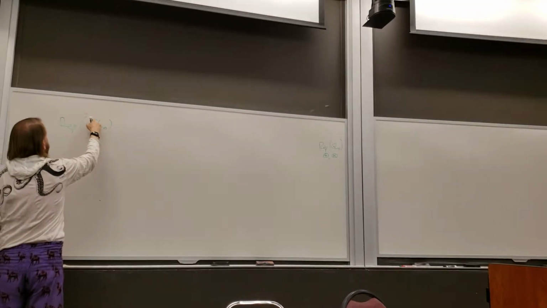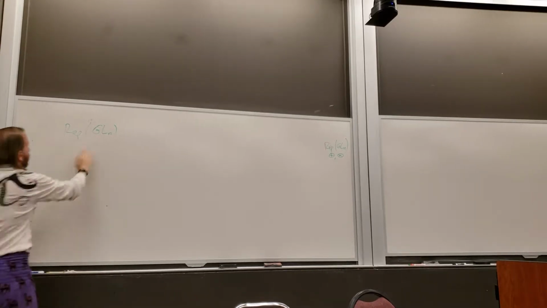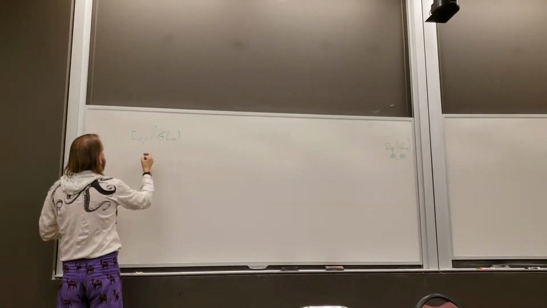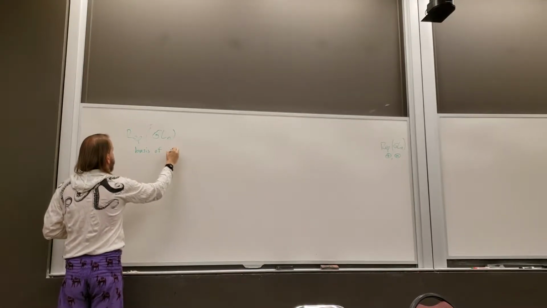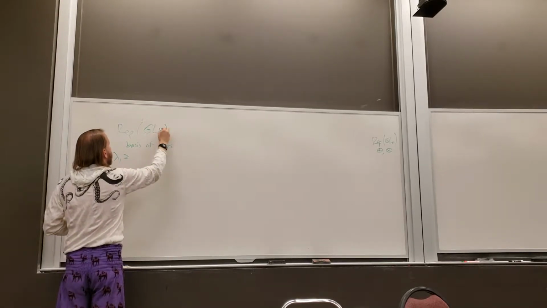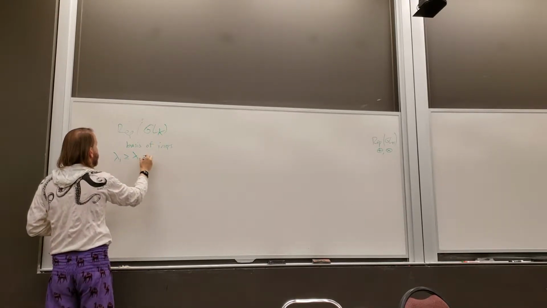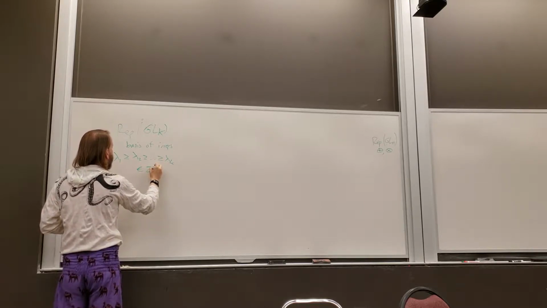There. So I've got the representation ring of GLN, and it's a ring using plus and times, meaning direct sum and the tensor product. And it's got this basis of irreps, indexed by, for GLK, tuples of integers, decreasing.